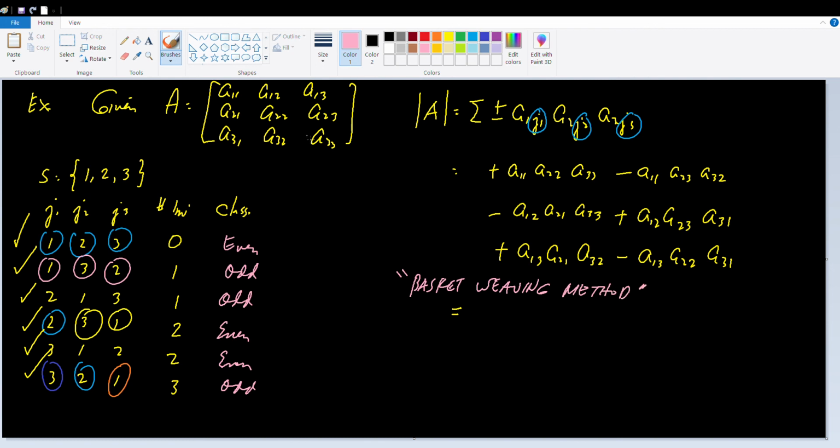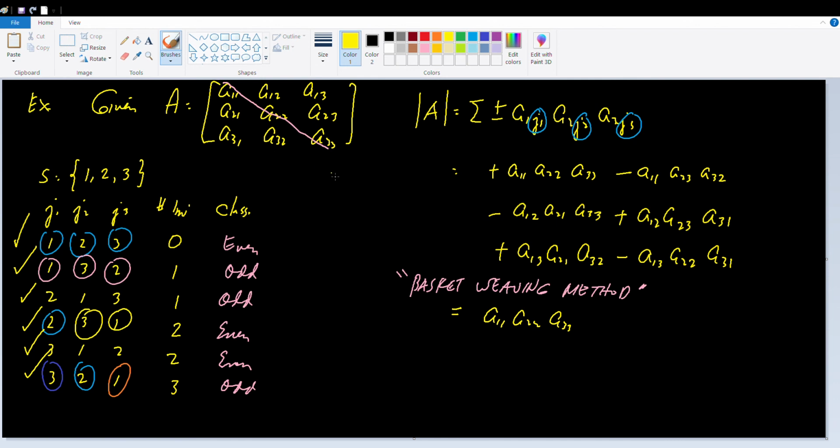How is that? You multiply the elements along the diagonal A11, A22, and A33.